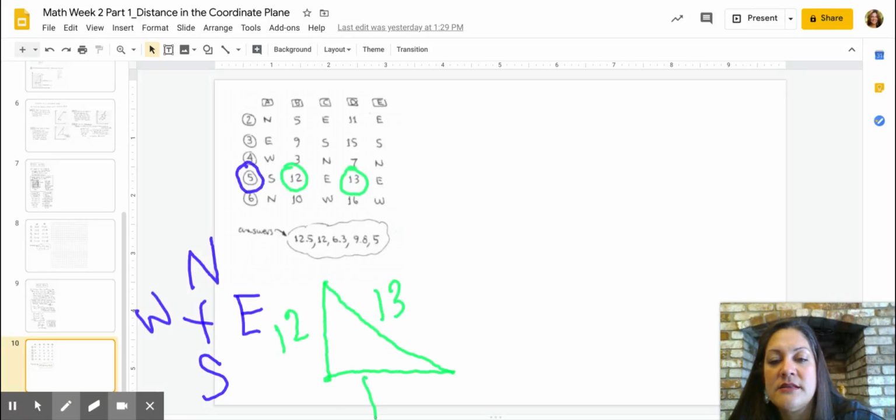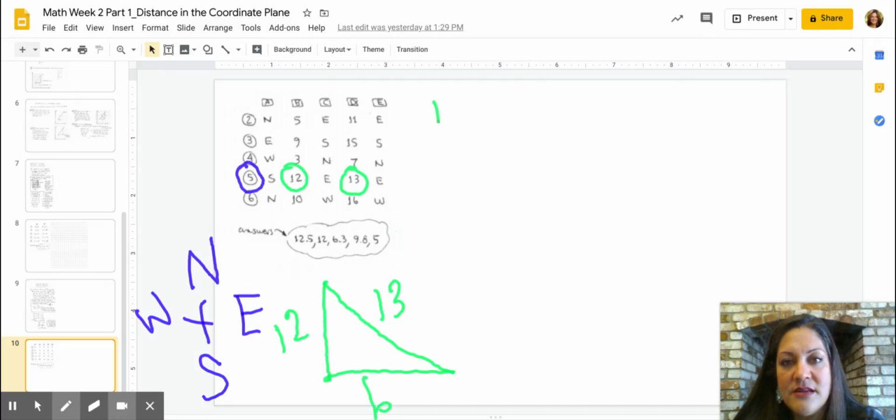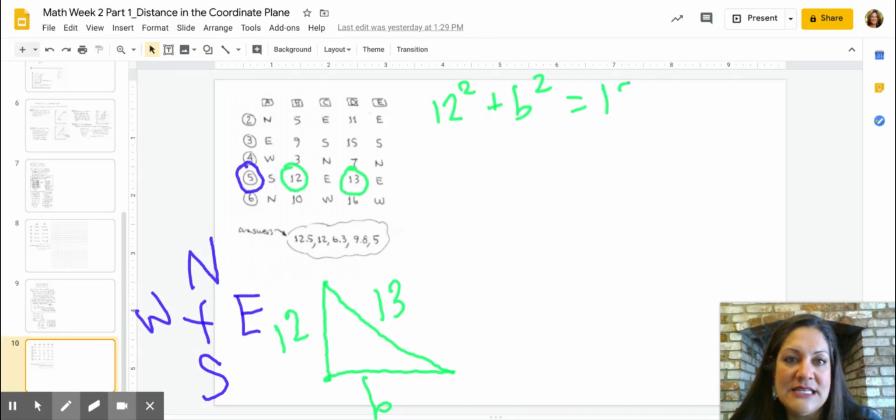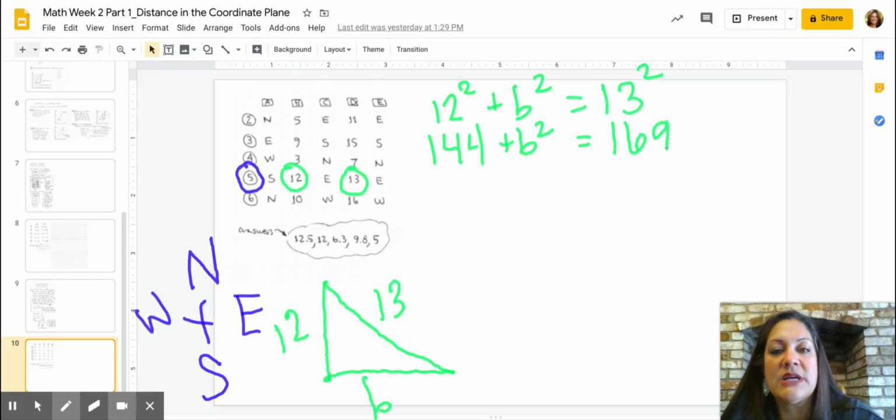Okay. Solve for B. A squared plus B squared equals C squared. Okay, 12 times 12 is 144 plus B squared. 13 times 13 is 169. We're going to subtract 144 from each side.